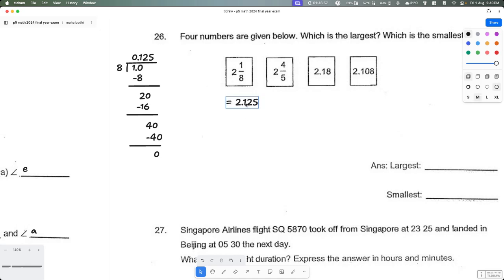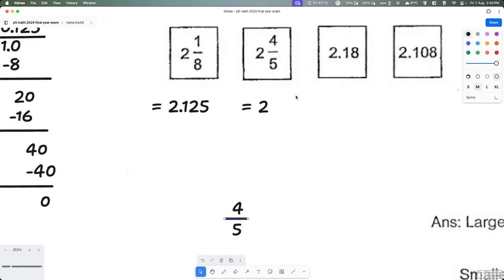All right, and then 4 divided by 5. So we can convert this, which is 2 and then 4 over 5. We can multiply 4 over 5 so the denominator becomes 10.